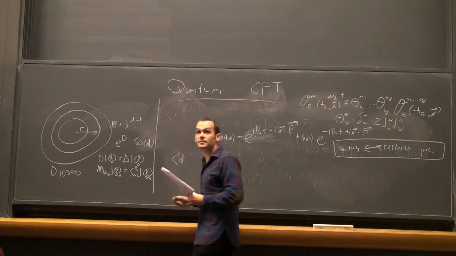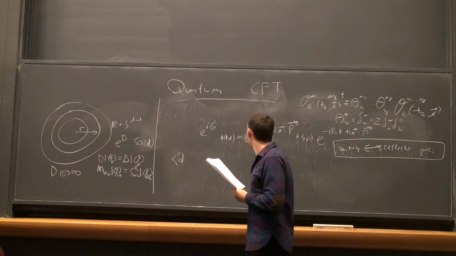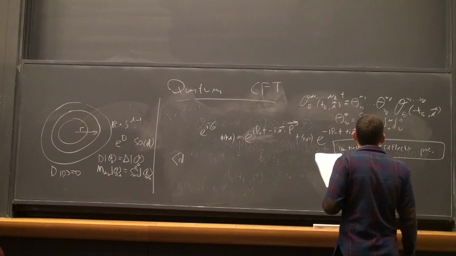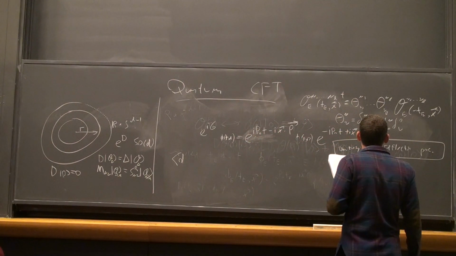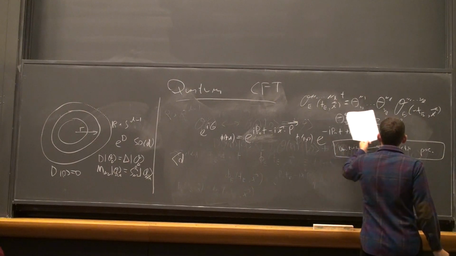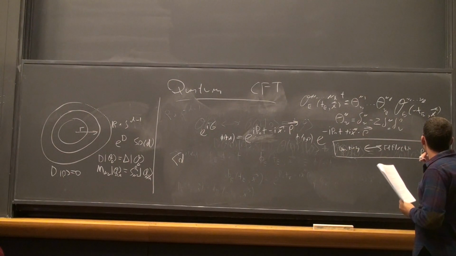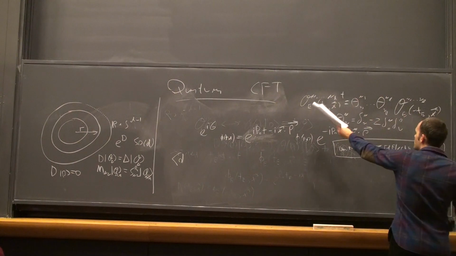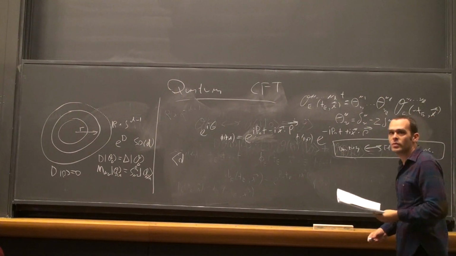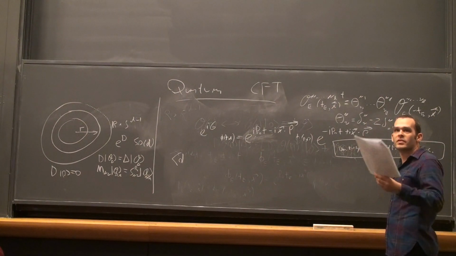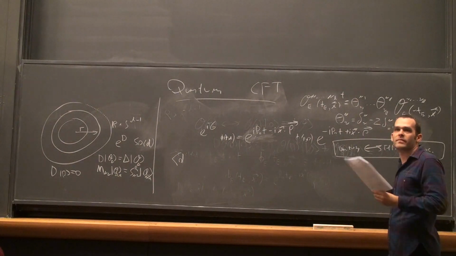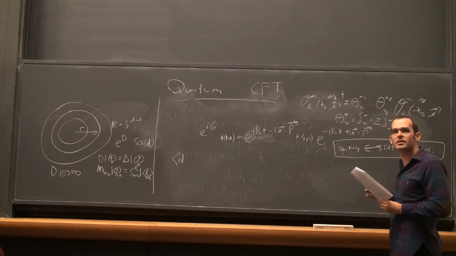Question? Yes. Does it matter if you have a vector or pseudo vector, for the definition of reflection positivity? You say the difference between a vector and a pseudo vector? Well, I'm only looking at certain specific representations of the rotation group. I'm only looking at these rank L representations, and so I think you just have vectors. I don't think there are pseudo vectors.